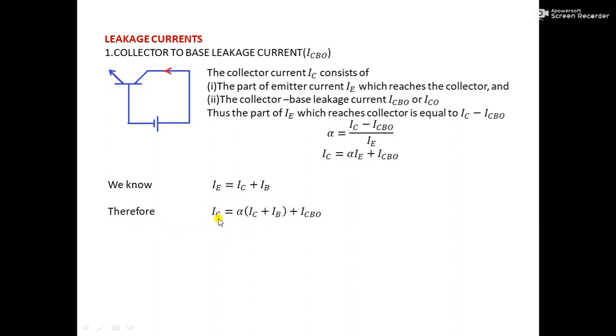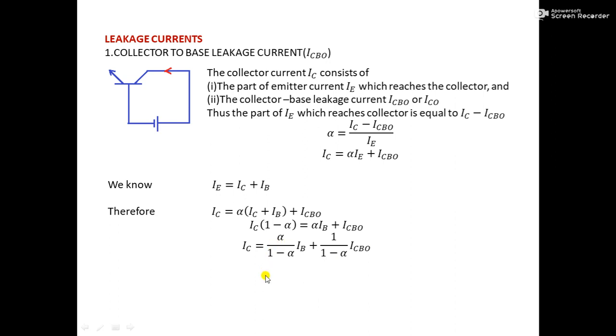So therefore IC can be written as alpha, instead of IE we can write the sum of the collector current and base current, plus ICBO. So IC into 1 minus alpha is equal to alpha IB plus ICBO, and IC is equal to alpha divided by 1 minus alpha into IB plus 1 by 1 minus alpha into ICBO.